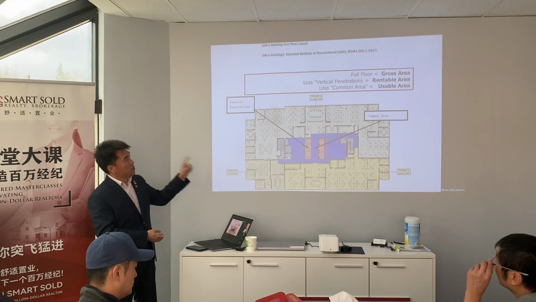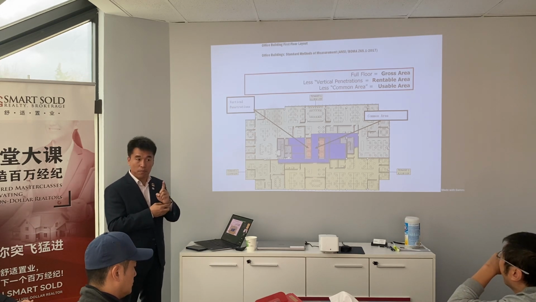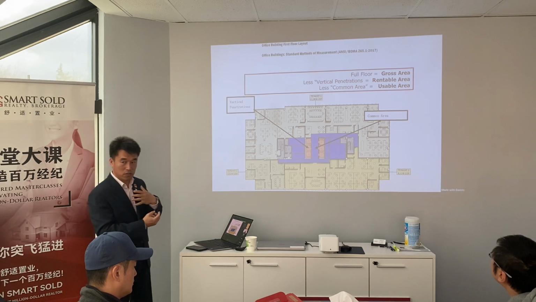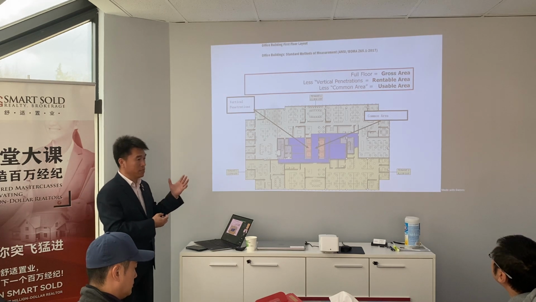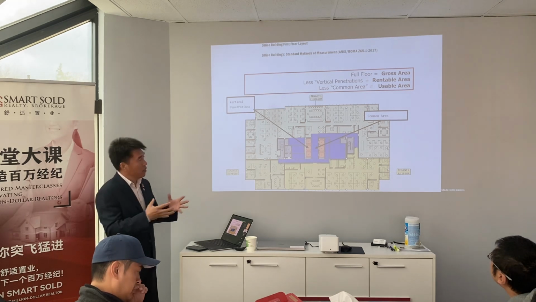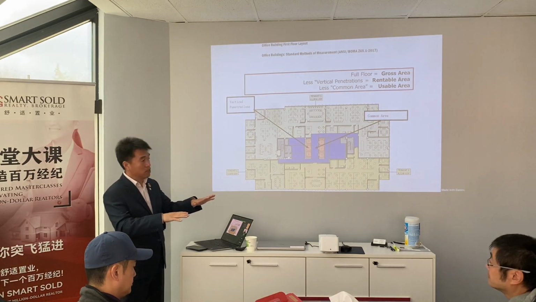Okay, so this definition is based on BOMA. I talked about BOMA last time, right? If you attended my last session, you need to know BOMA is an industry standard method that people go by.